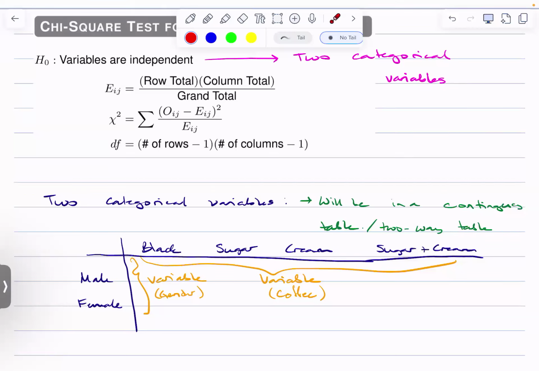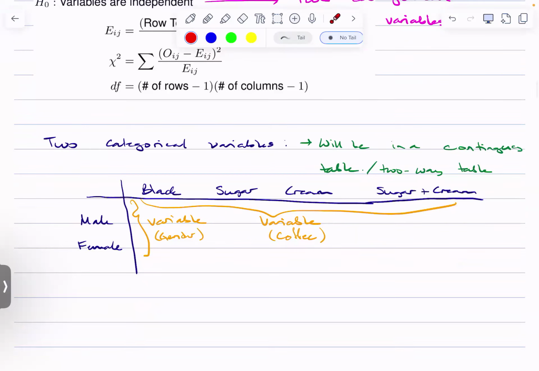Does how people take their coffee depend on their gender? If it doesn't, then they're independent, and we would expect similar counts for black coffee for both genders, similar counts for the sugar, kind of hovering in the same range, cream, sugar and cream, but not necessarily the same across one gender.